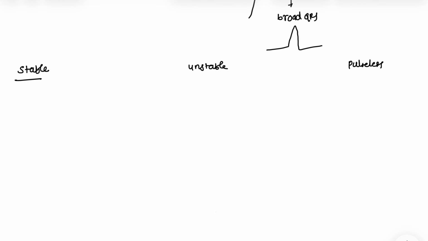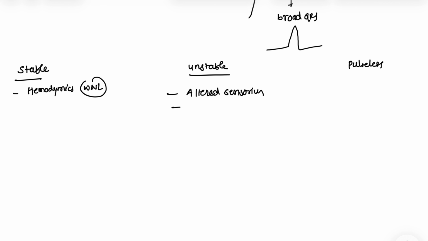For the stable patient, hemodynamics are within normal limits. An unstable patient can present to you with altered sensorium, with shock, with organ failure or any hemodynamic instability.